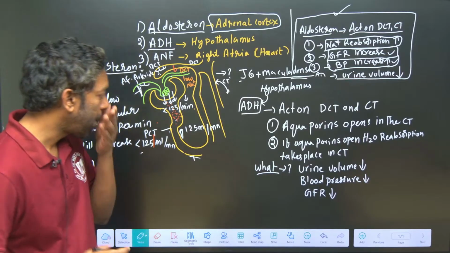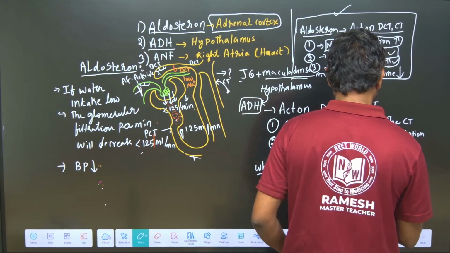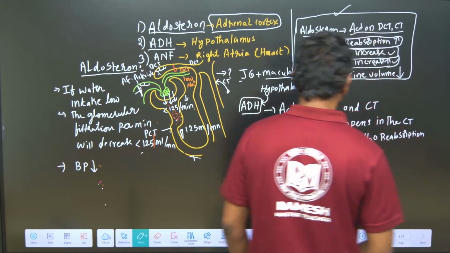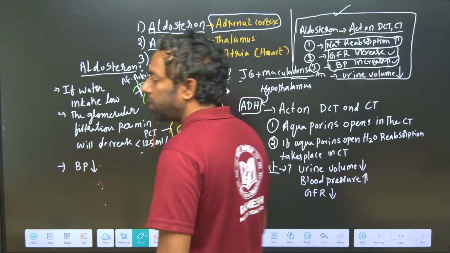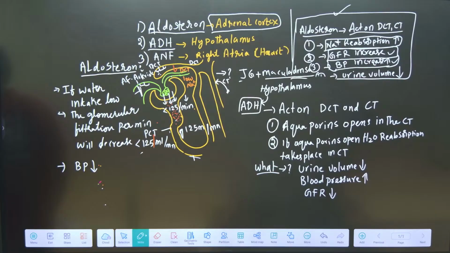Okay, blood pressure will increase, guys. If the blood pressure increases, the glomerular filtration rate will also increase.